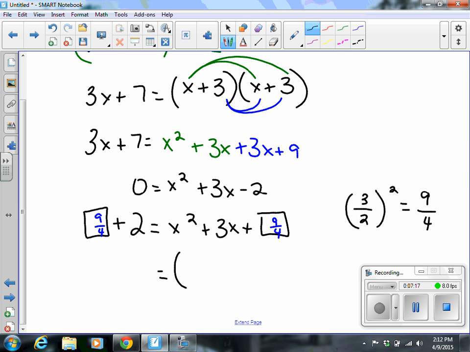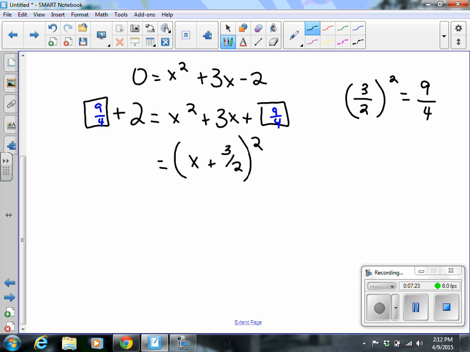This goes down to x plus 3 halves squared. And then on the other side, 17 over 4.